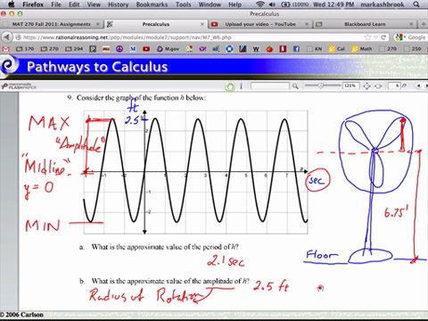Yeah, so change C. Now we want the distance of that point above the ground as a function of seconds. So we'll call it F, F of t.